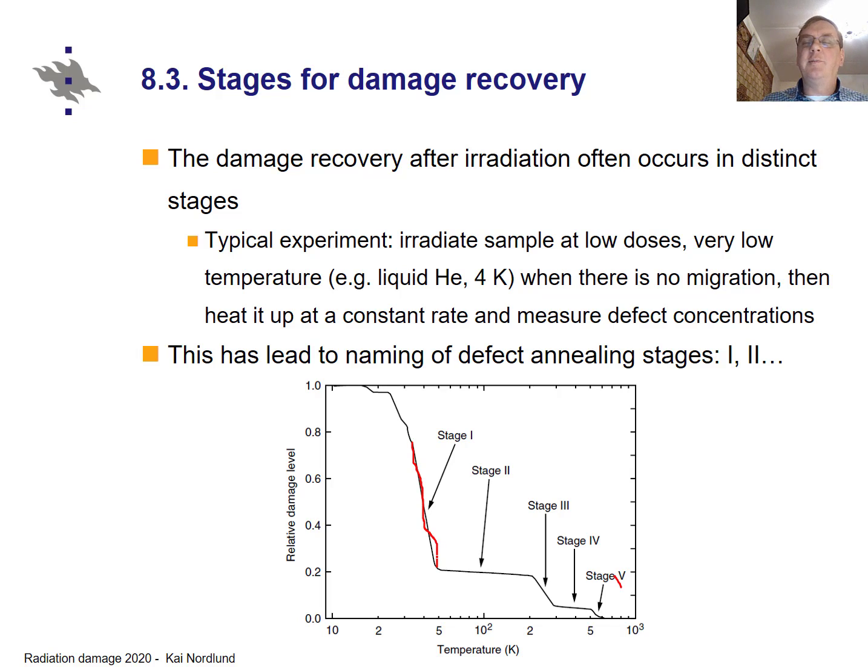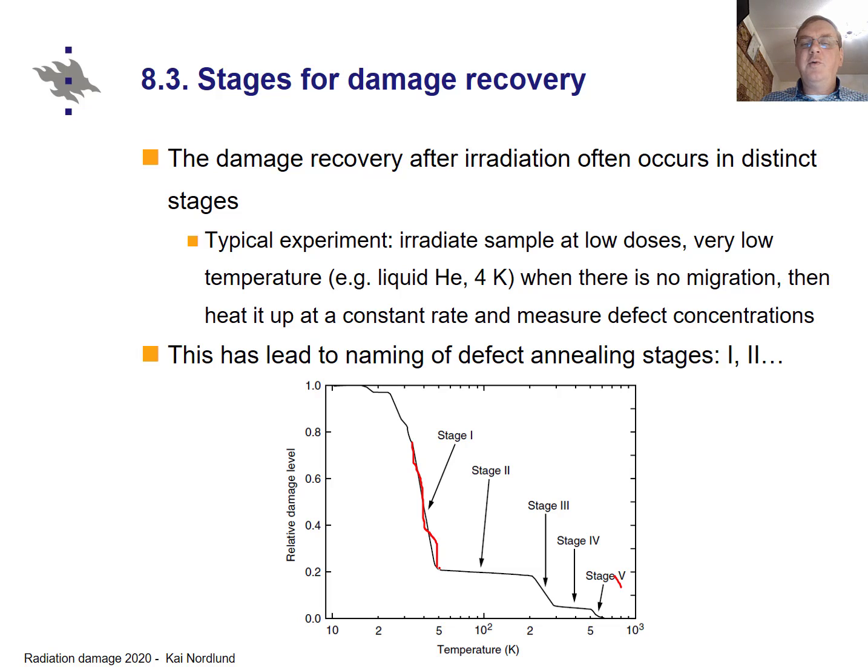As I showed also in the examination, when an interstitial becomes mobile, it's pretty likely it finds a vacancy and recombines, and when it does that, the damage goes away. Because of that, this interstitial migration is actually very efficient and can reduce like 80% of the initial primary damage.